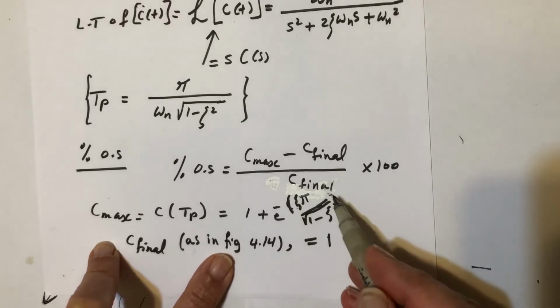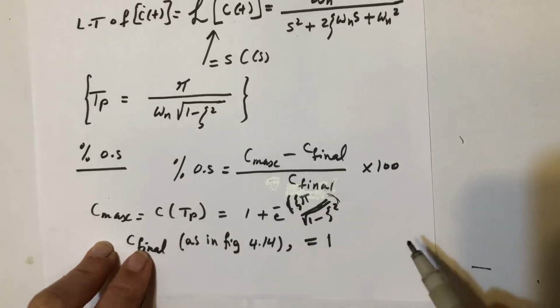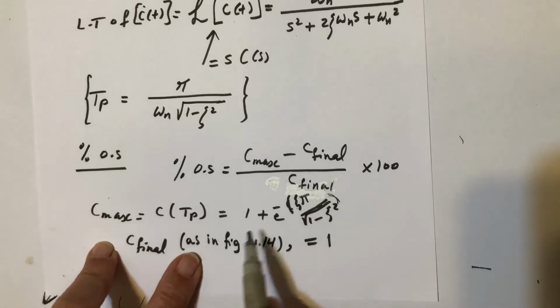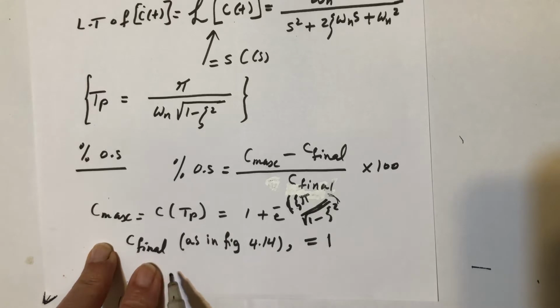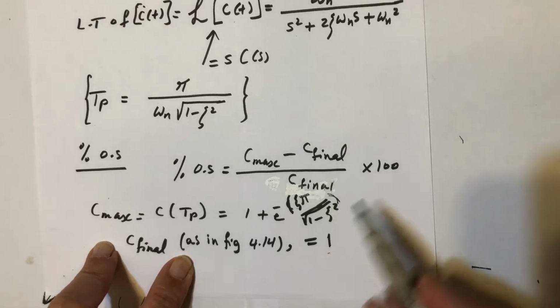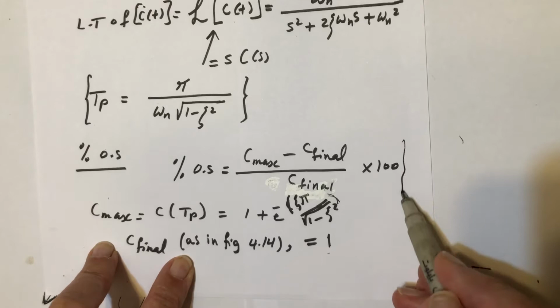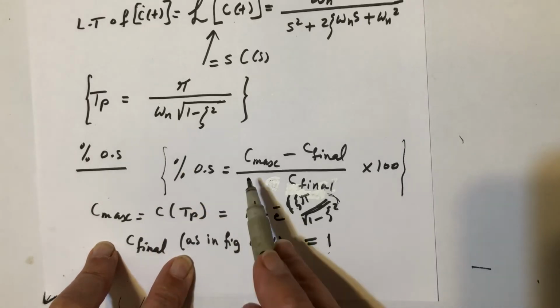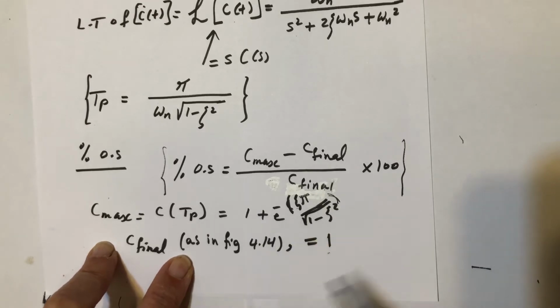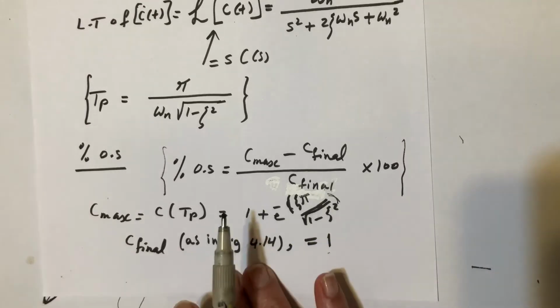I hope it's clear. If you refer to the book, it will be easy, and I'll use it later, so it will be clear. This is the maximum value. So to find C final in our figure, for this system we consider it equal to 1. It's not necessarily equal to 1, but the rule is that it's 1 here. Percent overshoot is C max minus C final over C final times 100. If the C final is not 1, it's okay, put it as not 1.